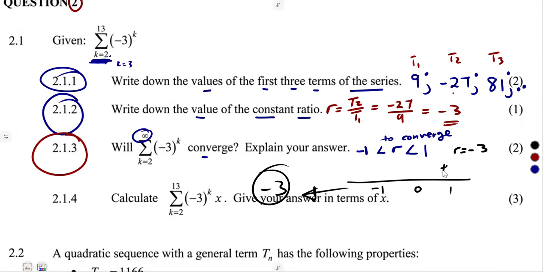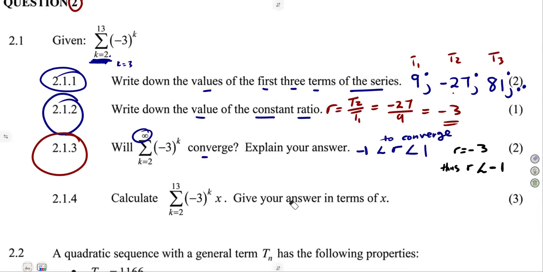Thus our r is less than minus 1. Here it must be greater than minus 1, but minus 3 is less than minus 1. So we cannot have this one as convergent. So the series will not converge.